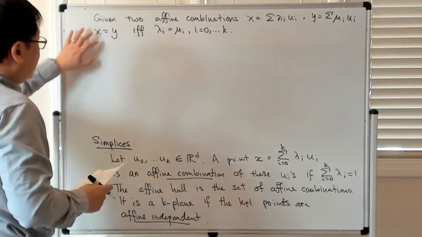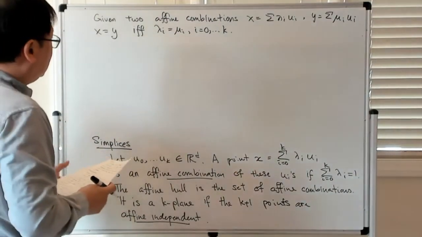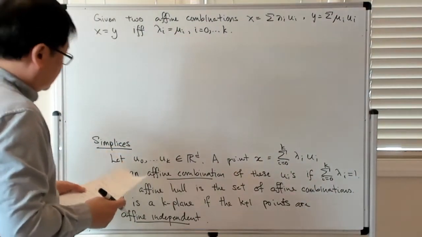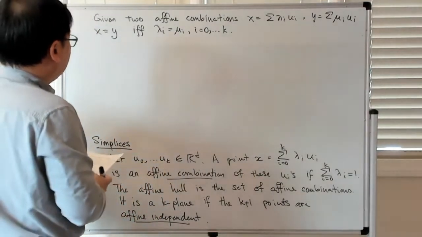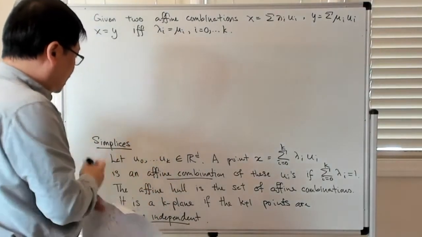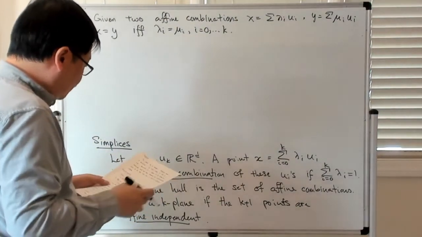Okay, so you can relate affine independence to linear independence in the following way. You have this set of points u0 to uk, and you can construct out of that set of points k vectors.